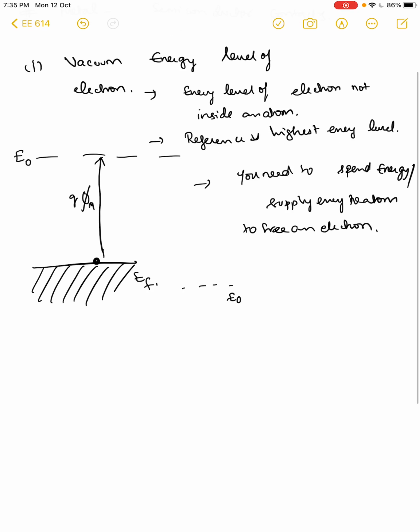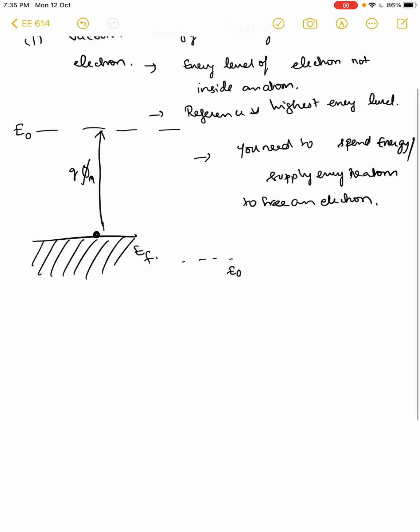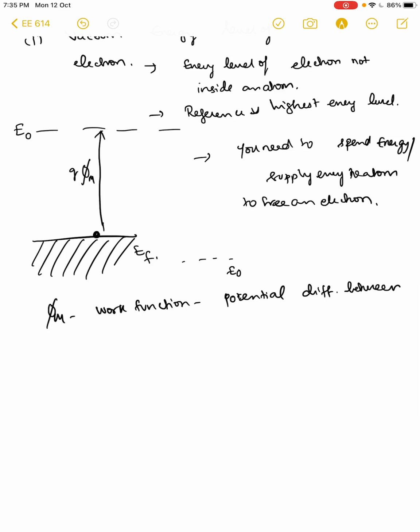So this we have seen before. So psi m is the work function, or potential difference between the vacuum level and the Fermi level.